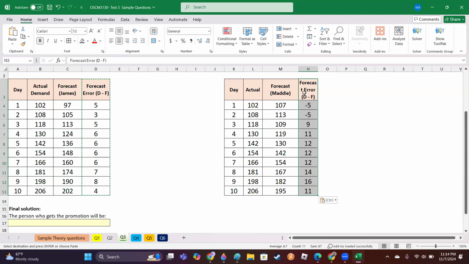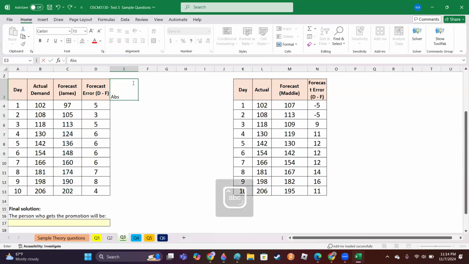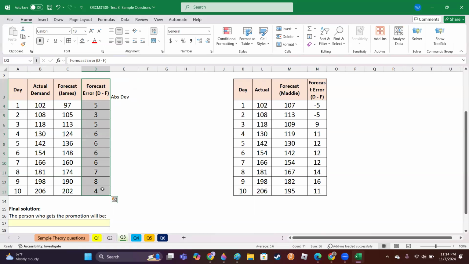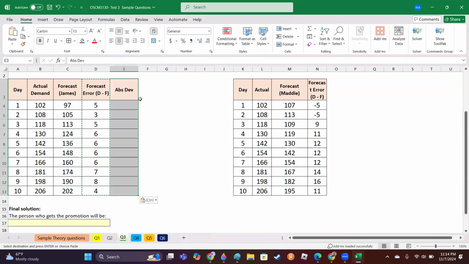Now, if I was to use a mean absolute deviation approach, I would need a column here with my absolute deviations. Your absolute deviation column is just basically getting rid of any negative values.